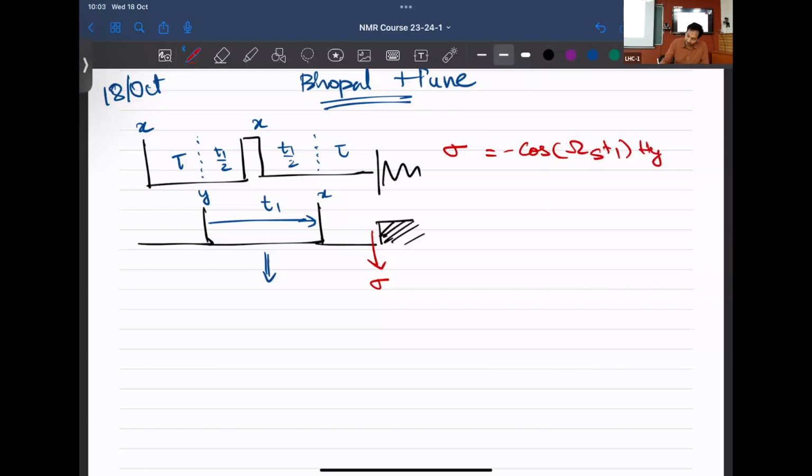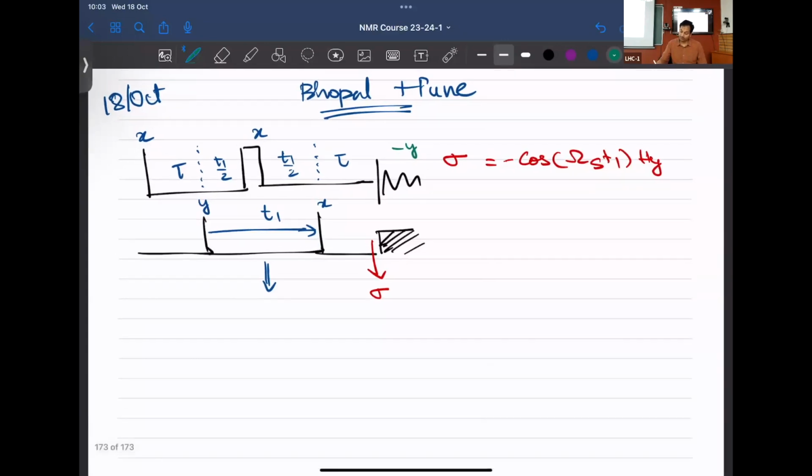So therefore, if you keep the receiver phase along minus Y, you can also keep it along plus Y. You just have a minus one there. That's not a problem. So it would be capital omega C. Thank you. So this was the terminology we used last week.